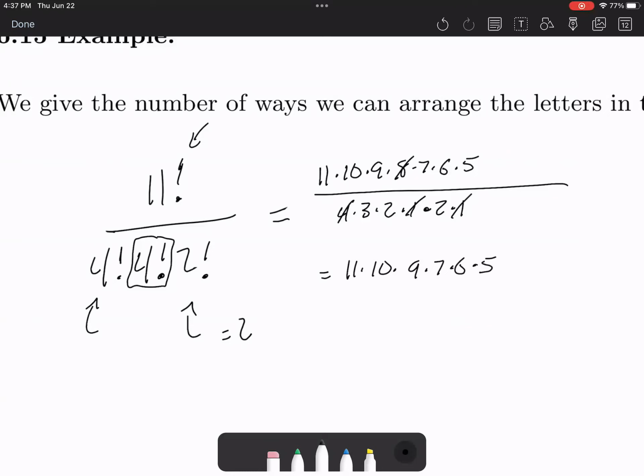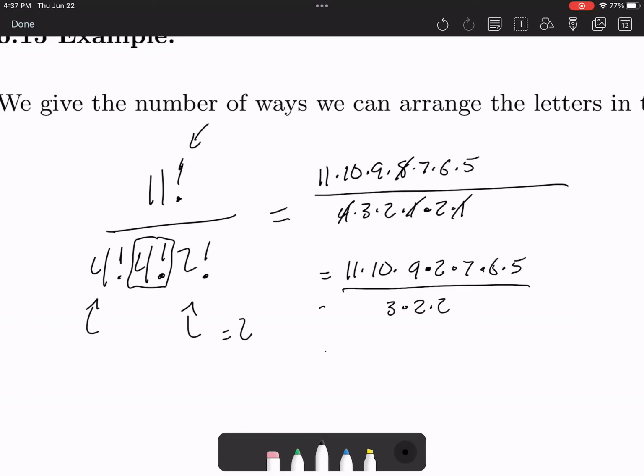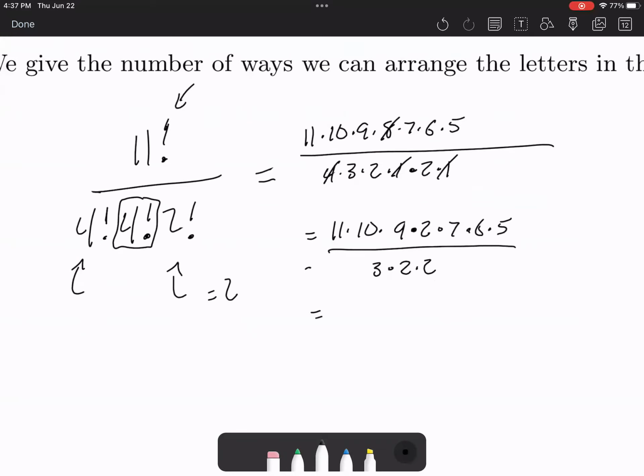6, 5. Oh, sorry. If you take 8 divided by 4 gives you 2 on top. We've still got the 3 times the 2 times the 2. Let's see, that 10 divides that 2, or rather the 2 divides the 10, you get 11, 5, 9. In fact, let's take a 3 away from that 9.